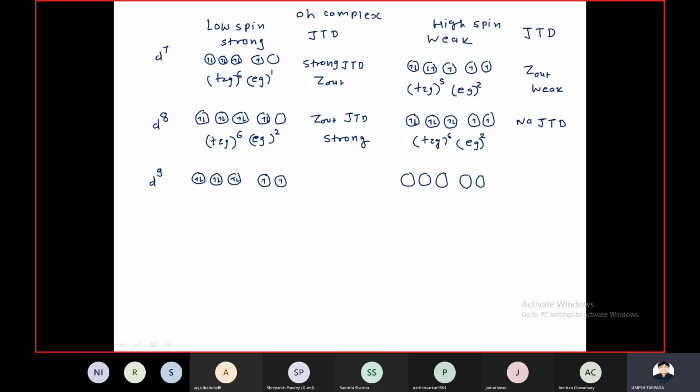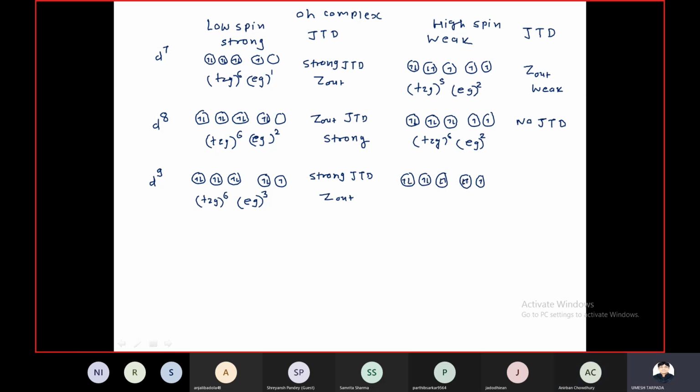So you can have T2g6 eg3. The eg orbital is unsymmetrical, so it's a strong Jahn-Teller distortion with Z out nature. At the same time, if d9 is there with a weak ligand, again the electrons remain unpaired, and the configuration is the same.